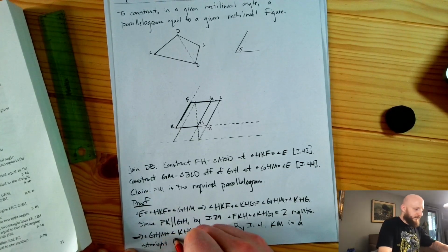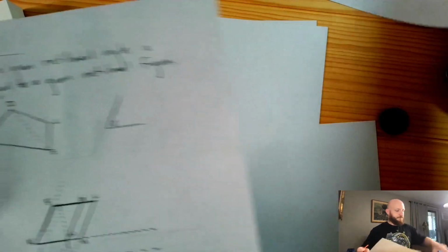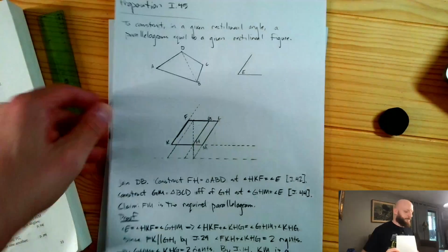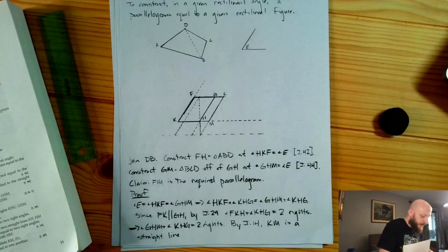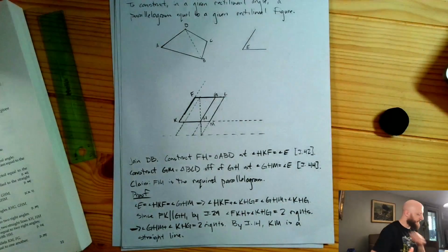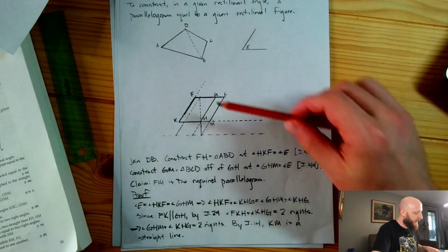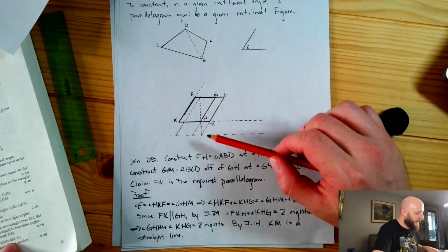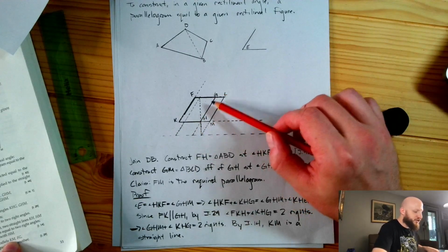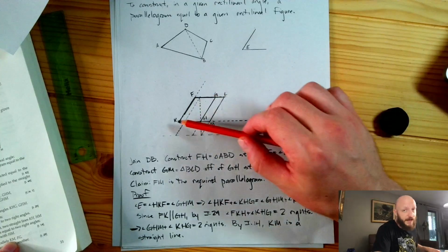Okay, I'm going to need to pull up a new piece of paper here. So KM is a straight line. Great, got a little more room there. Let's see what's next. And since the straight line HG falls upon the parallels KM and FG. Notice we're not saying it falls upon the parallels KM and FL, because we haven't even proved that FL is a straight line.